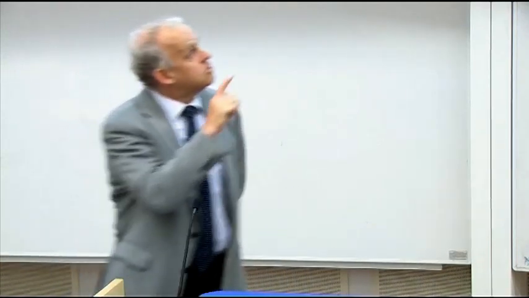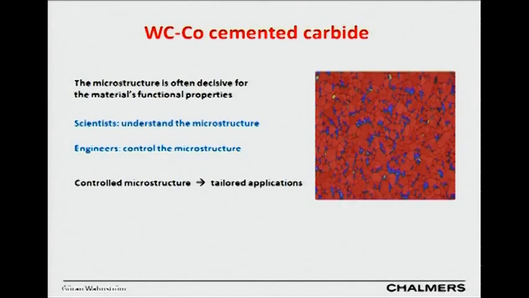So I would like to give a very short presentation here, about work where the collaboration was initiated by this program. It is about the material you see to the right, called cemented carbides.